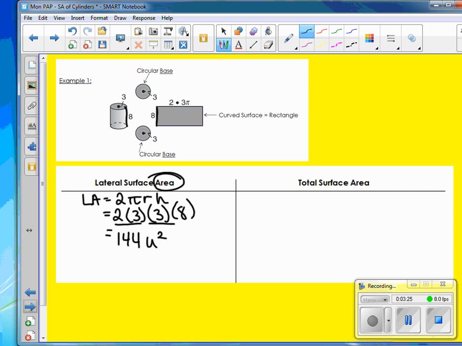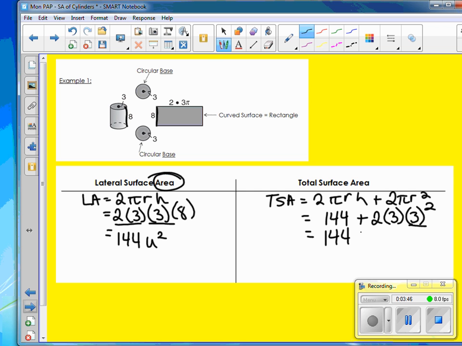Now our total surface area is going to be 2 pi r h, which we already found, plus 2 pi r squared, which I don't know yet. So I'm going to plug in 3 for pi, and my radius is 3. I need to do my square first. This is why we learned order of operations.